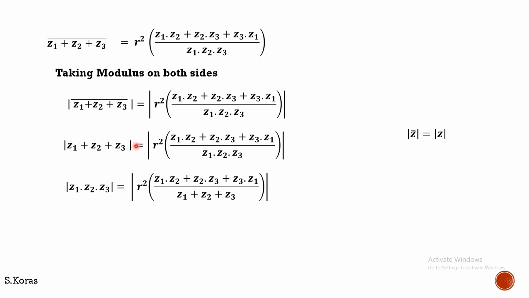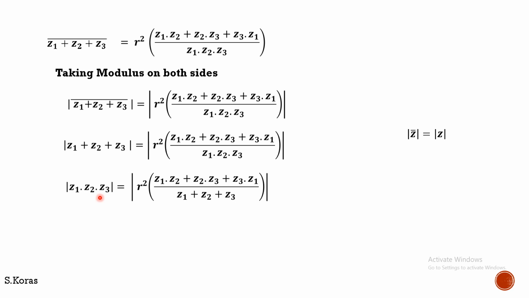Is it there, sir? Yes, it is surely there, because the whole modulus is here. So if you split it, it is simply modulus of z1 plus z2 plus z3 only. So the multiplication, when it goes to this side, becomes division, and this division part, when it goes to the left hand side, becomes multiplication in the numerator, right?